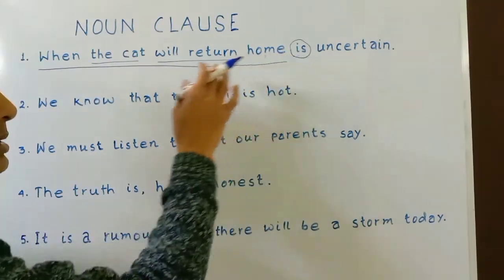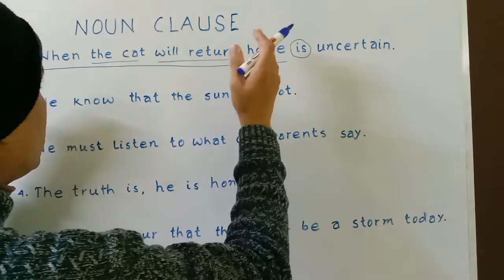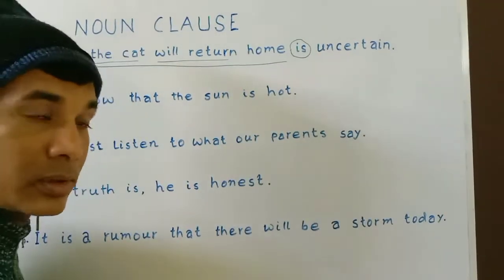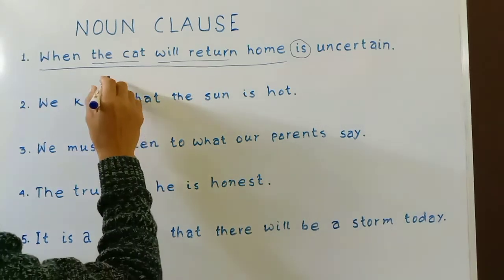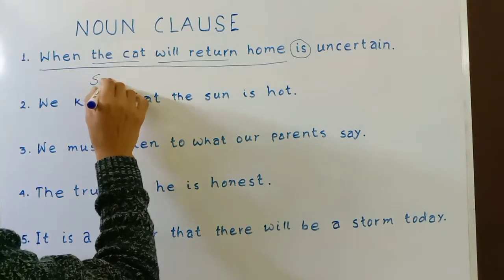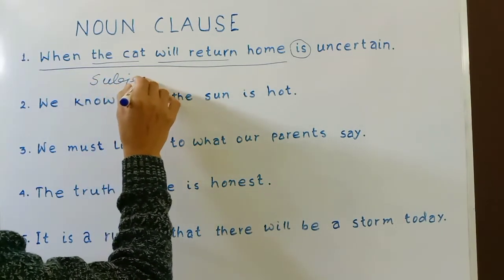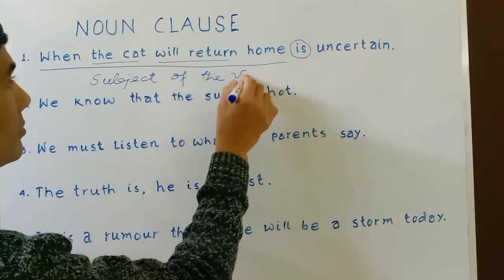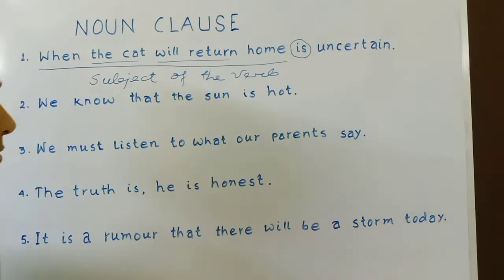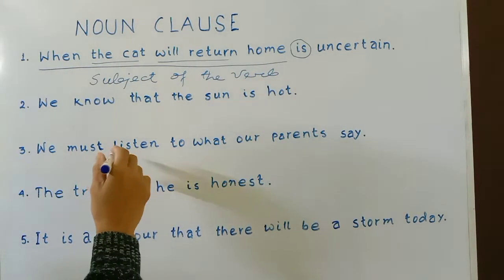This verb takes the subject as the total part, and it is a noun clause as it is the subject of the verb. So I can write here: subject of the verb.